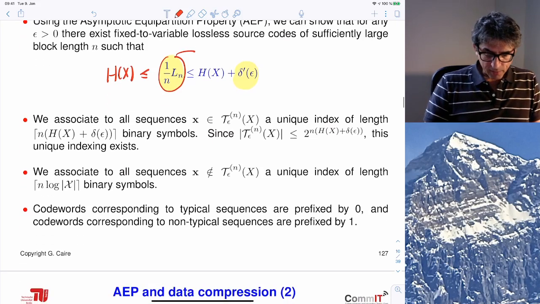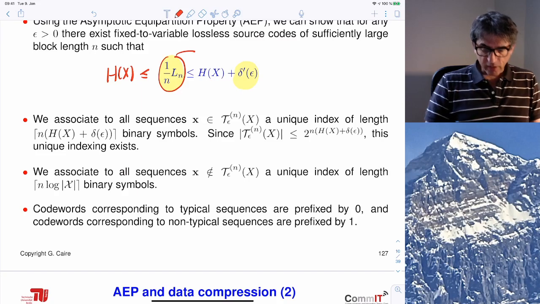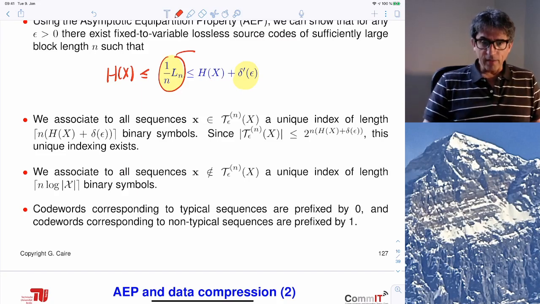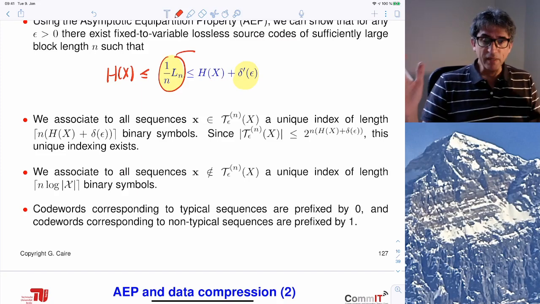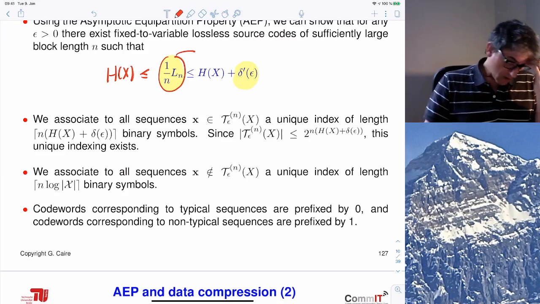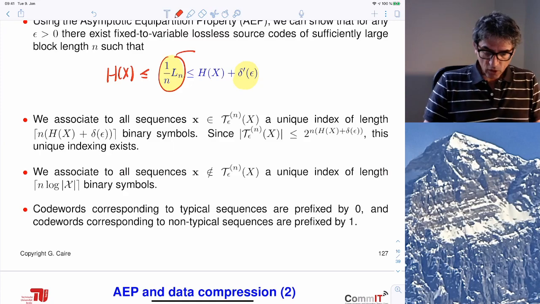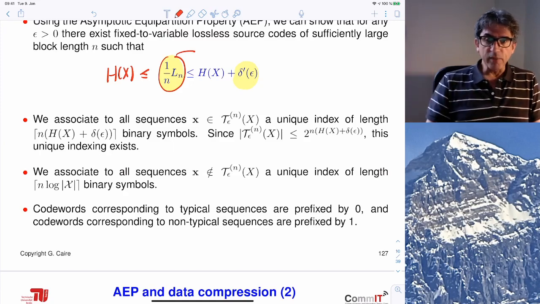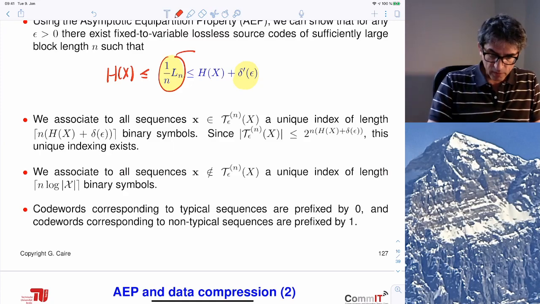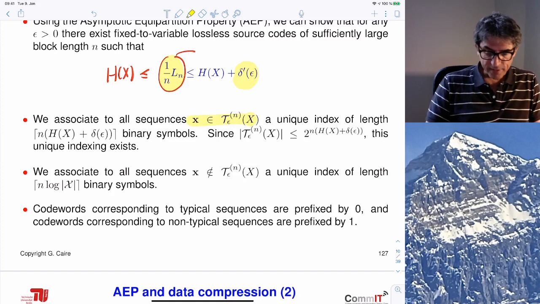Well, we can simply consider the following. For large n, the source is going to produce with overwhelmingly large probability a typical sequence. So we can simply index all the typical sequences. We associate indices to all the sequences in the typical set using how many bits?